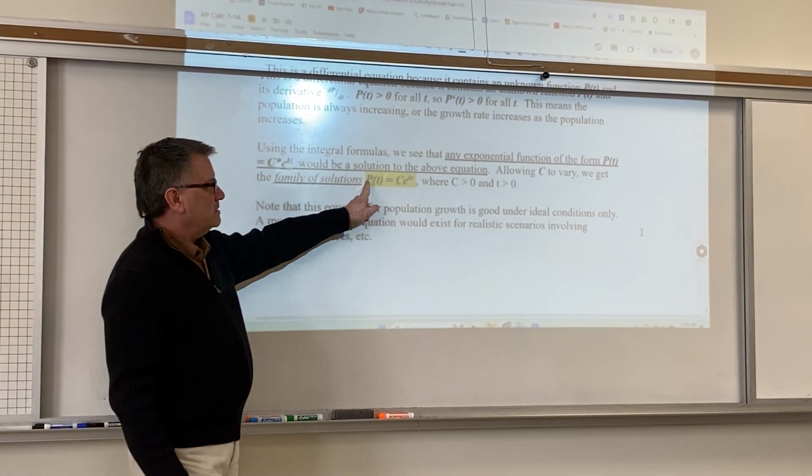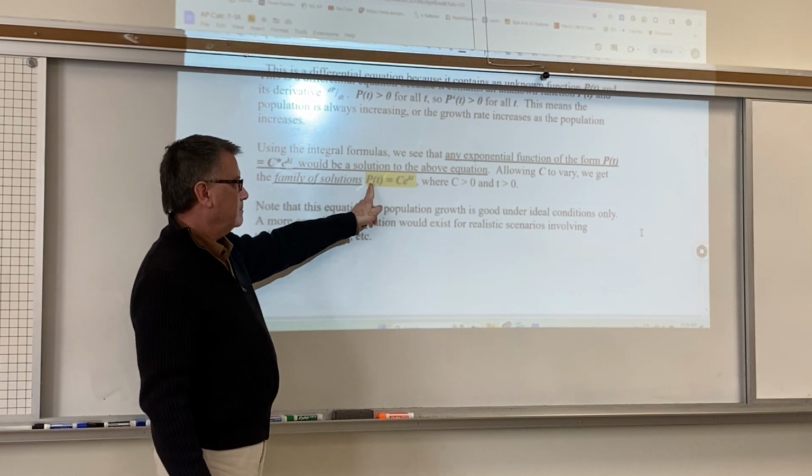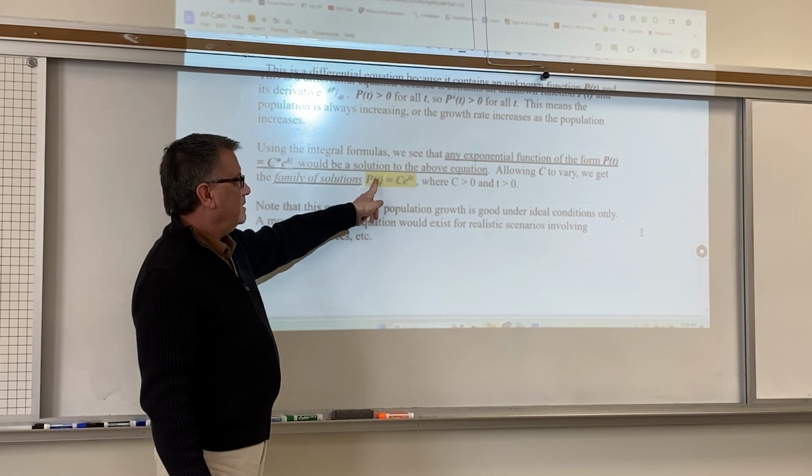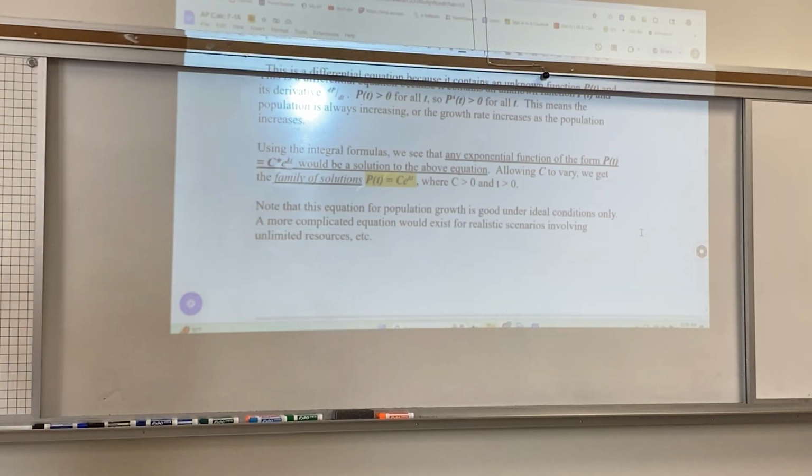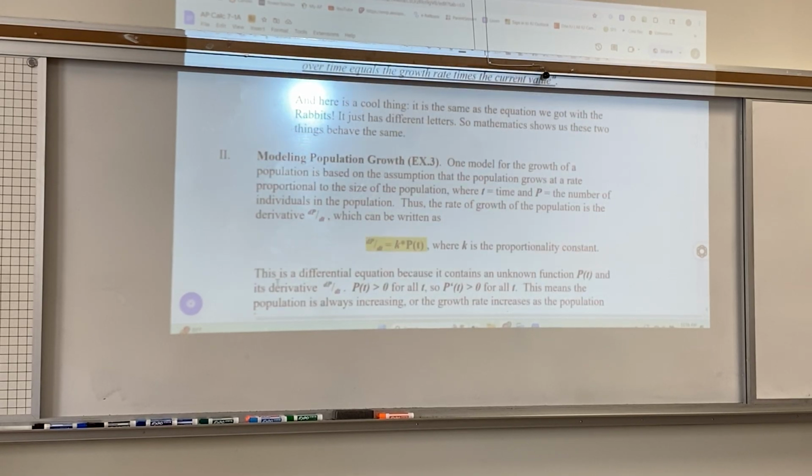But this is a solution, which we're going to see later, to any of those differential equations that I showed you before. So anything of that form is going to have that as a solution. Anything of this form. If you want to write that down, whether you call it k or r, doesn't matter.